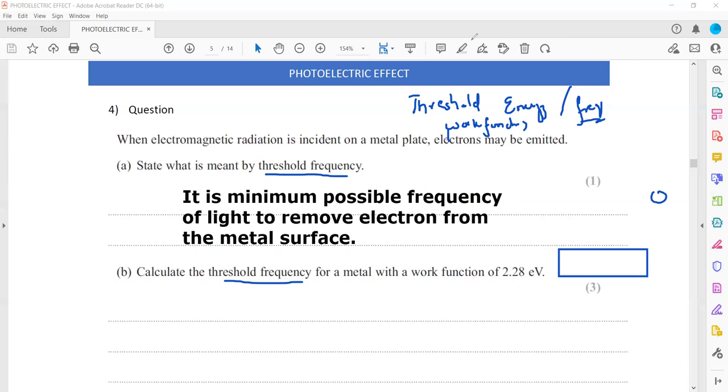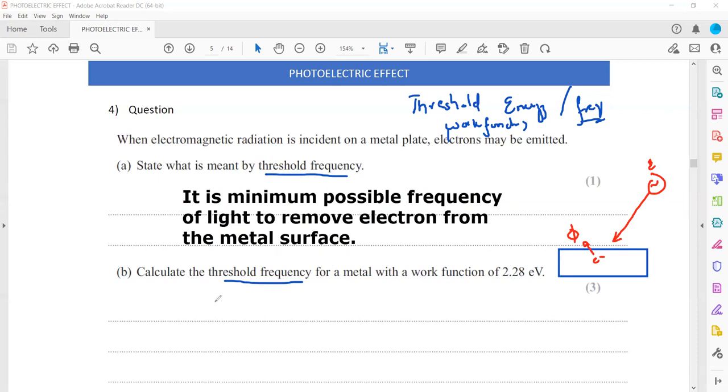So the energy of a photon is known as E. That light falls on the metal, the electron will absorb that energy, and the minimum energy which the electron needs to just come out is called the work function. So just the energy needed to come out, not even to move, just to come out.